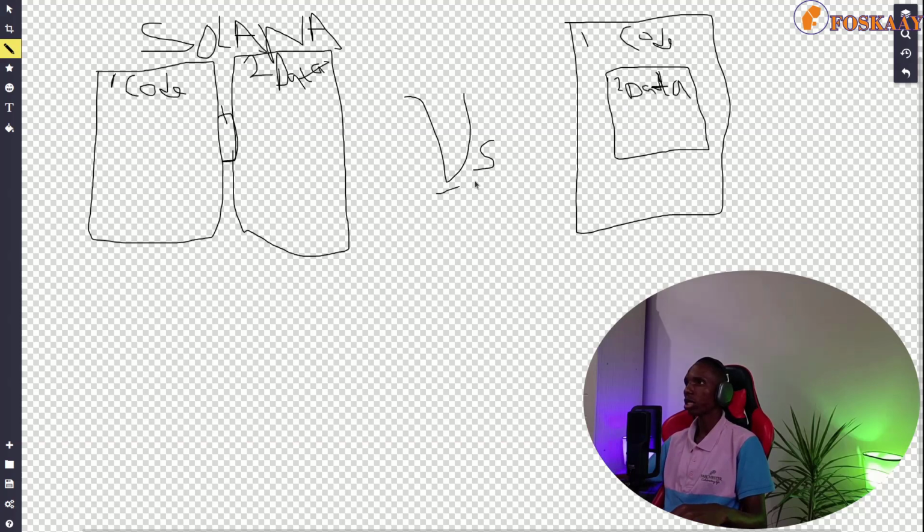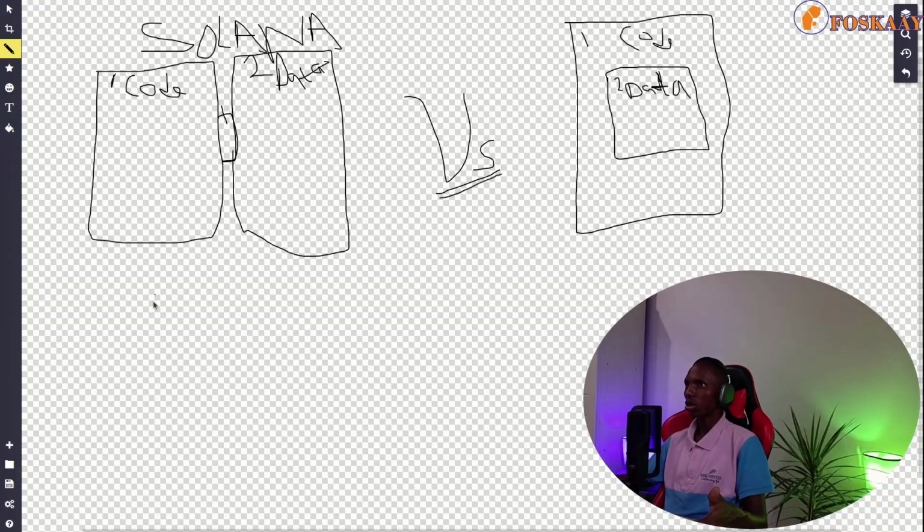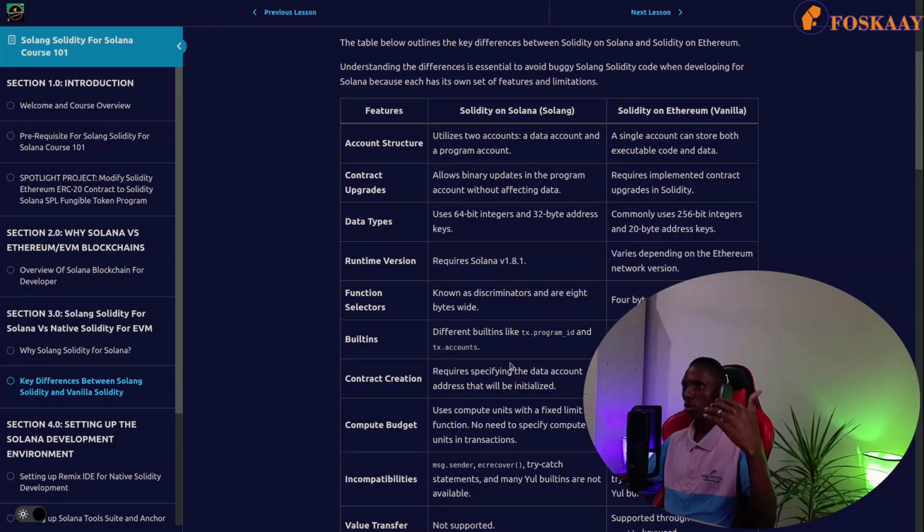I believe this gives you a more visual analysis of how those two accounts work, and that's what determines a lot of the other things you see here. Like data type, this uses a 64-bit integer, which we will still learn about. Just keep that in mind. A lot of these things we're still going to learn one by one, but it's good you have a summary overview of the main differences of what you are dealing with.